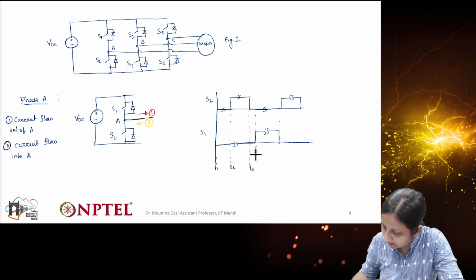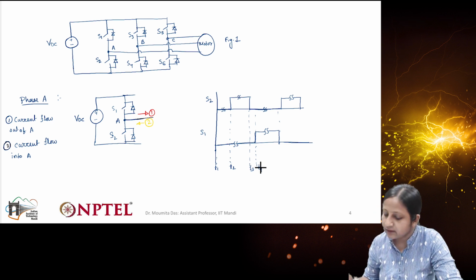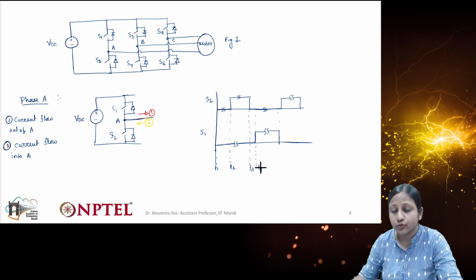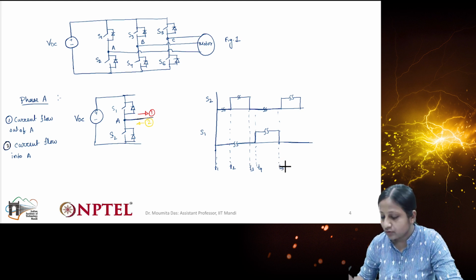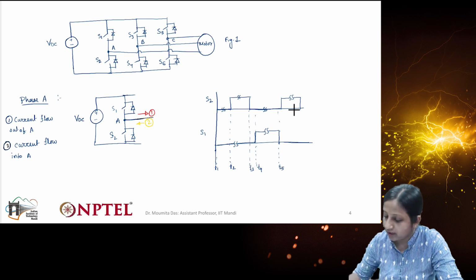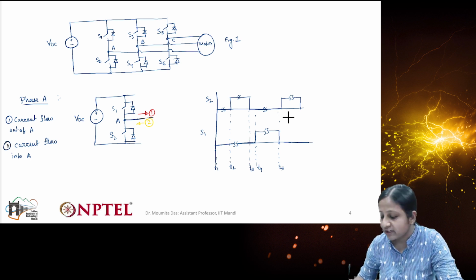Now T3 to T4, again we are providing some dead time before turning on switch S1. Then T4 to T5, switch S1 is on. Again there will be repetition of the same cycle. So we'll try to see during these time durations how the switches are operating.